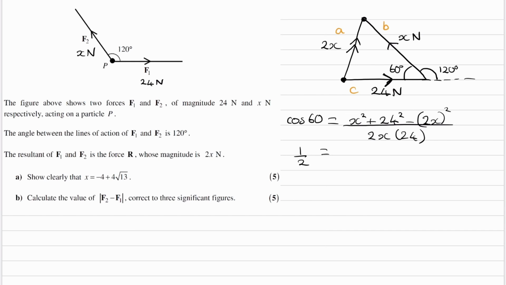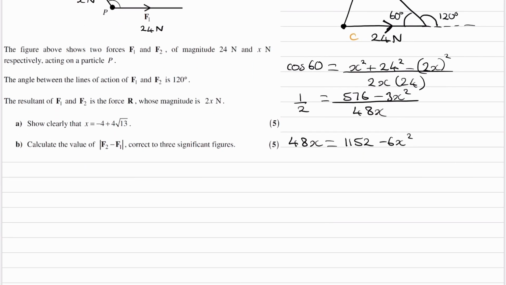24 squared is 576. So it'd be 576 minus 3x squared all over 48x. I'll bring the 48x up. I'll bring the 2 up to the right. So it becomes 48x is equal to, so 2 times 576 is 1152. 2 times minus 3x squared is minus 6x squared.